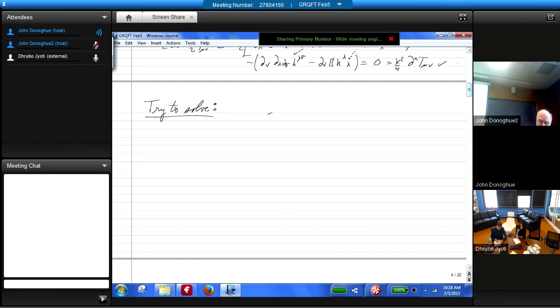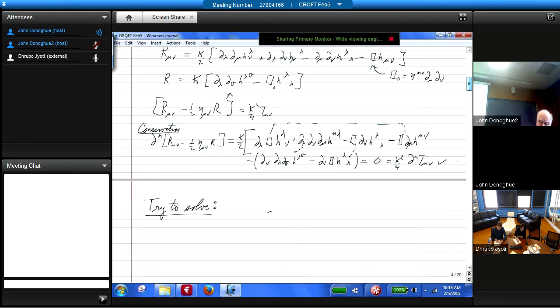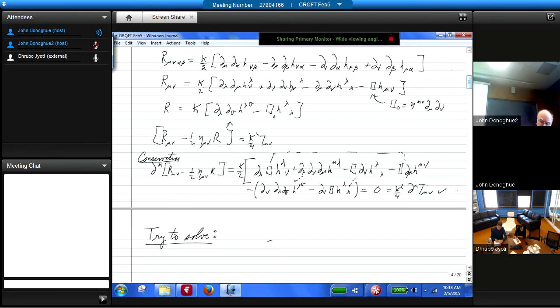But this equation up here, R_{μν} minus 1/2 η_{μν} R, is some differential equation where I've got two derivatives acting on h. So I would write that out as some differential operator O_{μν}^{αβ} h_{αβ}.